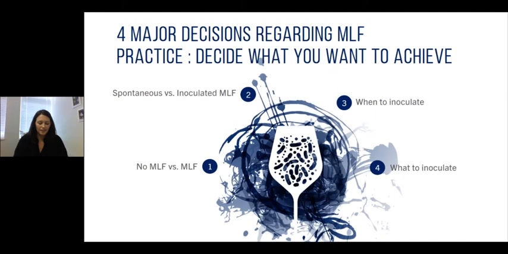So you have to decide that. Of course, once you've decided that you want MLF, are you going to wait for it to happen spontaneously or are you going to inoculate? And if you're going to inoculate, the 2 biggest questions become when are you adding the bacteria and which bacteria will you select to do the fermentation.